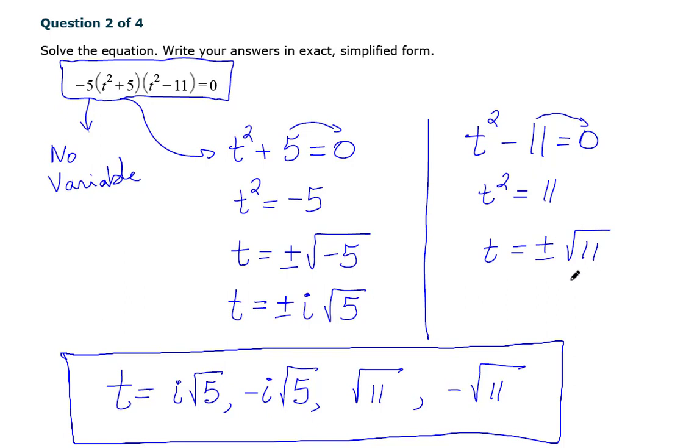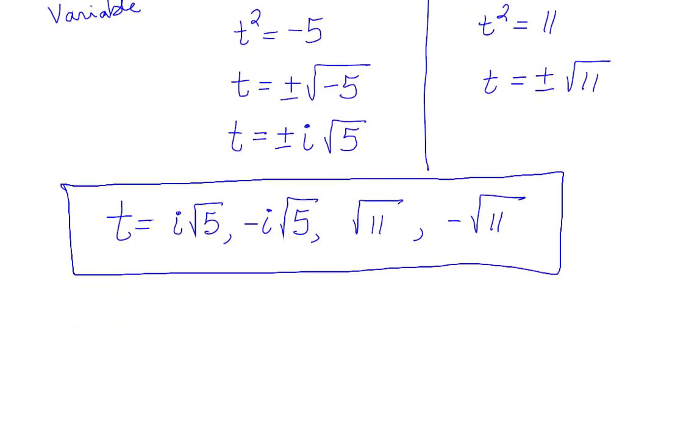Nothing else I can do with that because I can't simplify the square root of 11. Here, because it's the square root of a negative number, I pull the minus 1 out as an i. So in this case, we get 4 solutions: i square root 5, minus i square root 5, square root of 11, and minus square root of 11.